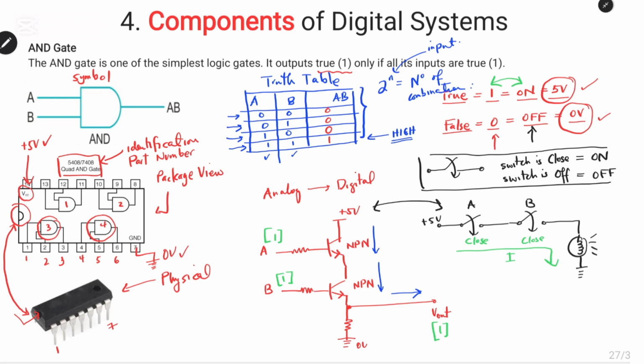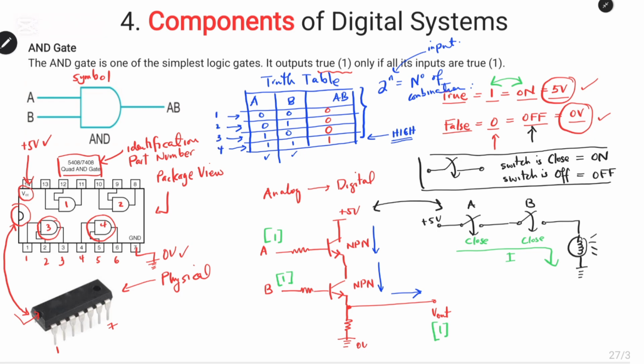To increase the number of combinations, you will increase the number of inputs. In this example, for this particular chip, you have only 2 inputs. In some other circuits, you will have more than 2 inputs for a particular AND gate. In that case, when you increase the number of inputs, you also increase the number of combinations. When n increases, the number of combinations increases. So 2 to the power of 2 will give us 4 combinations, which is 1, 2, 3, and 4.